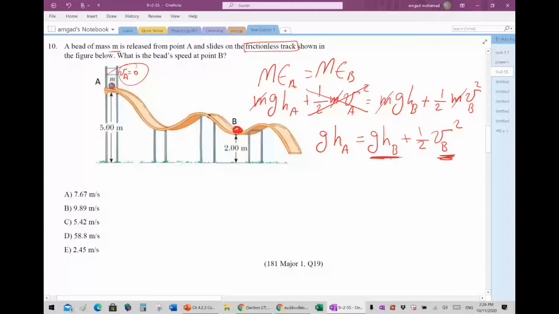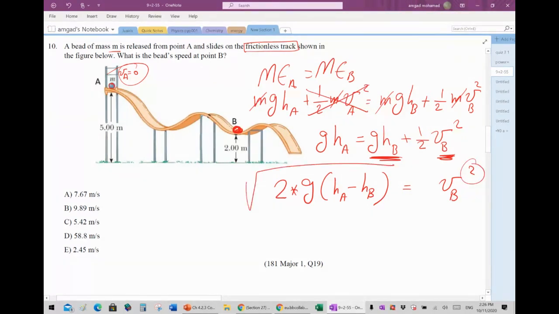So take g h_B to the other side. It will be g times (h_A minus h_B), right? I took the g as a common factor, equals half times v_B square. So you can take the half to the other side, which is 2 times the other part. And if you want to remove this square, you can take a square root. Understand it?